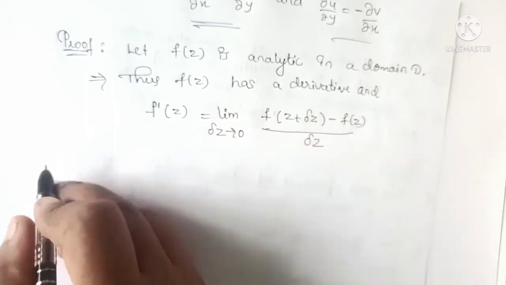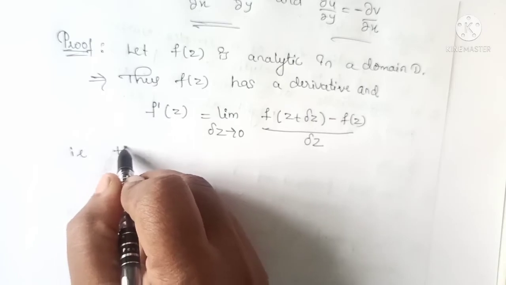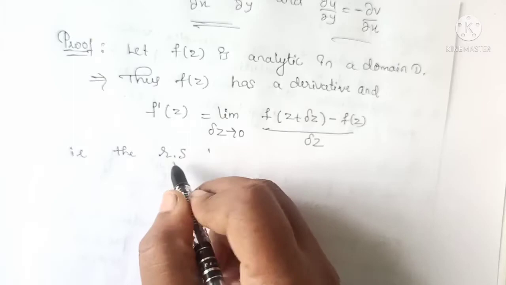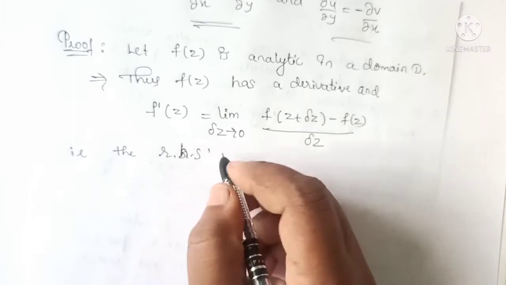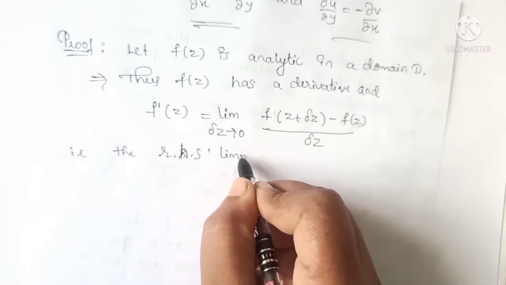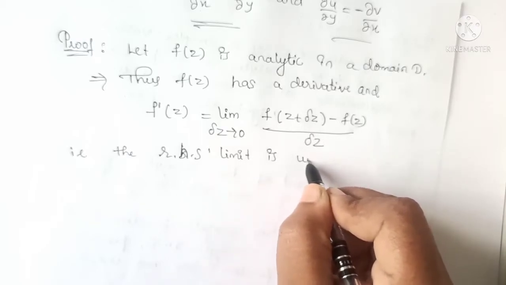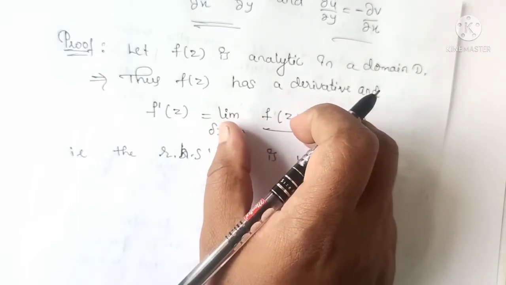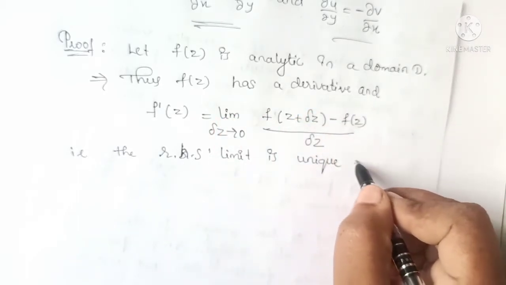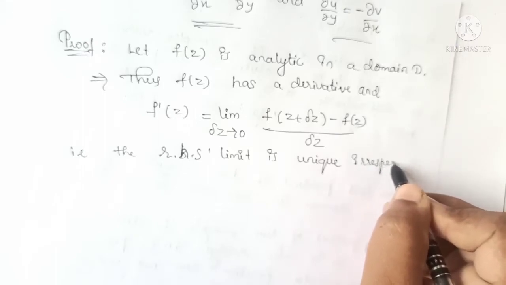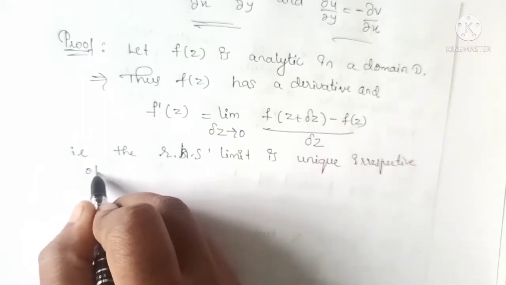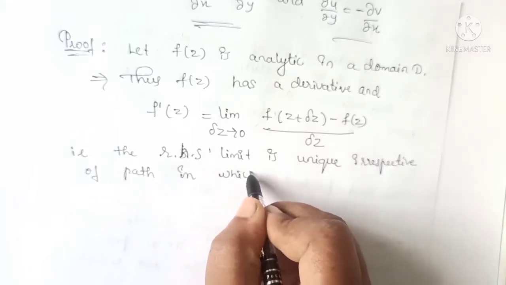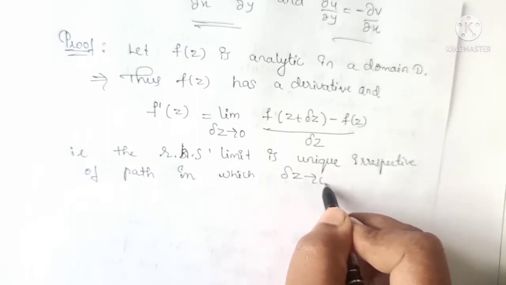Okay, now the right hand side limit is unique. We know that this must be unique irrespective of the path in which delta z tends to 0.